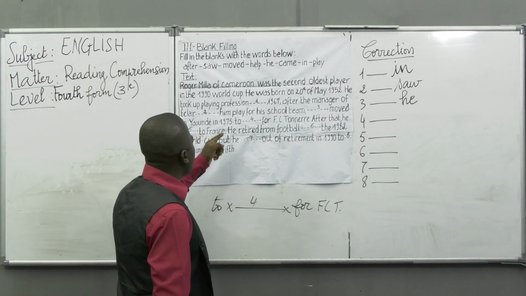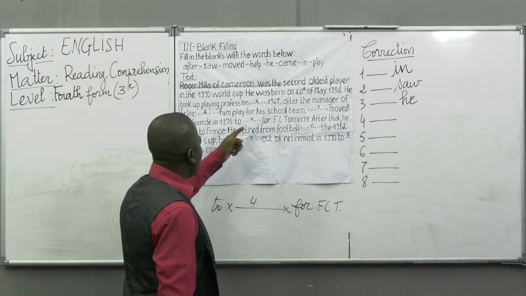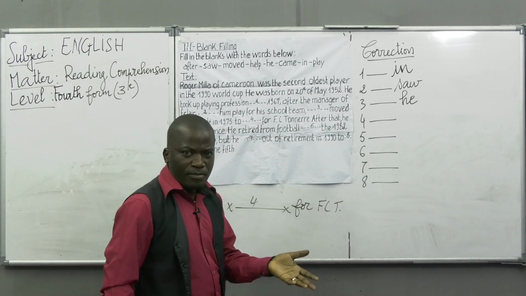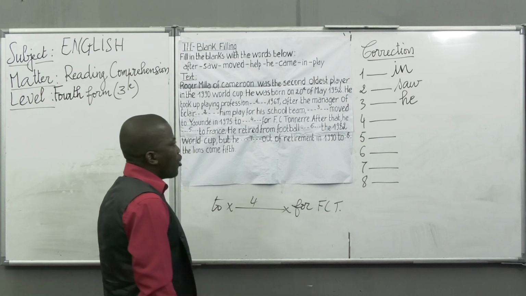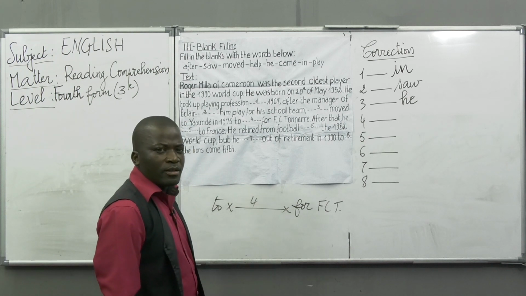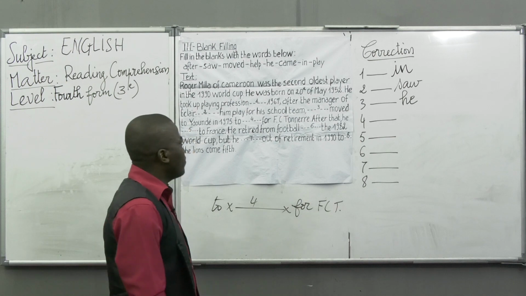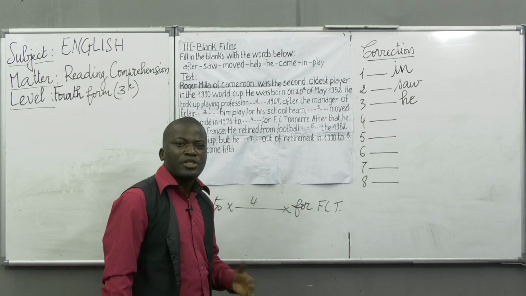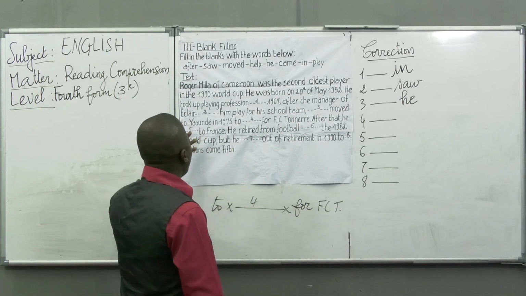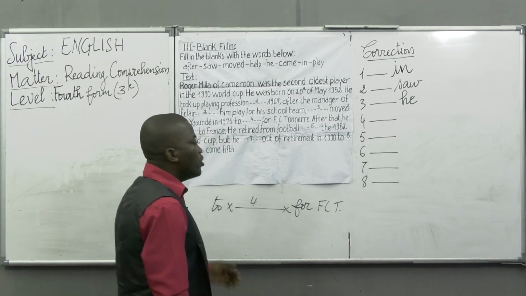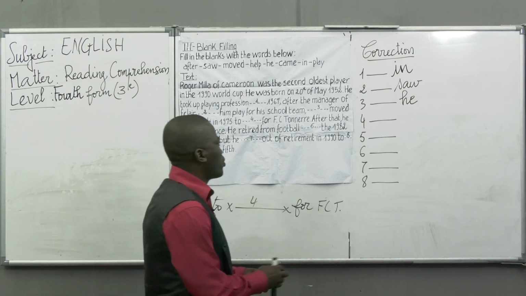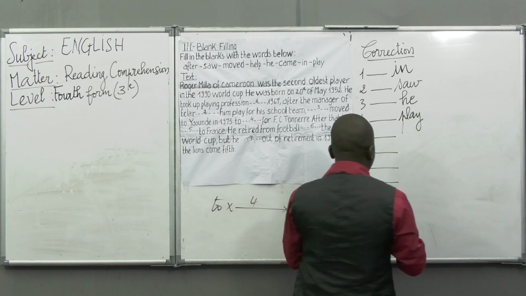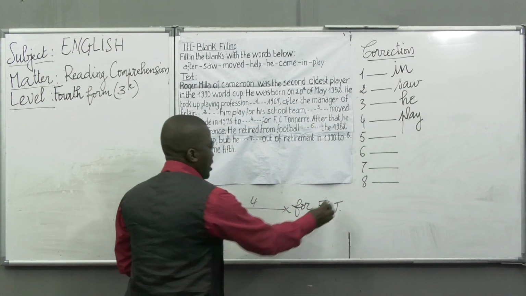FC Tonnerre is a football team. Now, what is the verb to take, class? I wait for a while. The only verb that we're going to choose is play. So he moved to Yaoundé to play for. That's good. To play for.